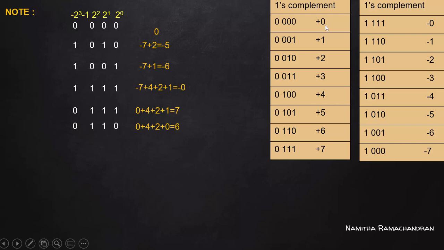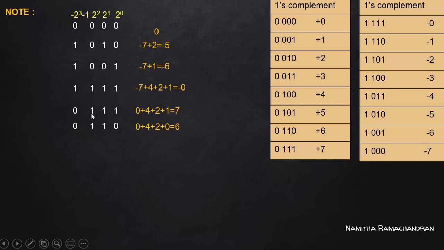Whether it is positive 0 representation or negative 0 representation in one's complement form, its value is 0 only. Okay, so we don't want to put this negative sign here. The value is 0. Okay, minus 7 plus 7 is equal to 0. That is the value of this particular representation. Here also the value is 0.